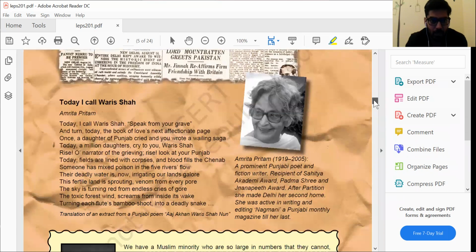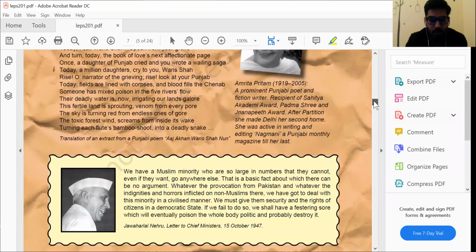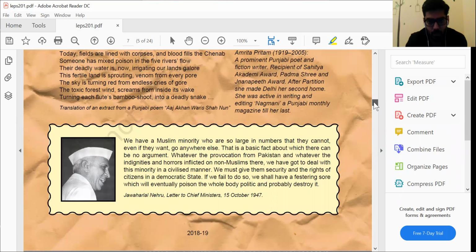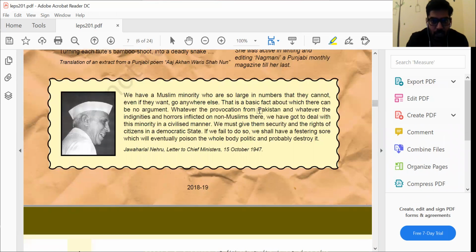And again, Amrita Pritam is given here. Nehru's address is given there. He is trying to be very accommodative, especially of the Muslims. So he's saying that whatever provocation comes from Pakistan and whatever indignities and horrors are inflicted on non-Muslims, he specifically says Hindus and Sikhs in Pakistan, we have got to deal with this minority in a civilized manner, which means they can do what they wish, but we will take care of our people.